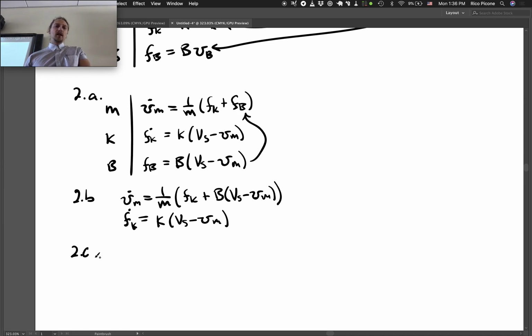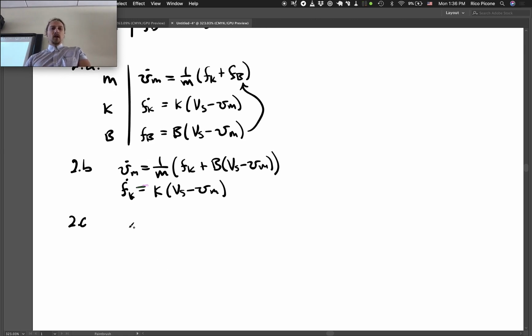2c is to write these state equations into a single vector state equation, the standard form. And that standard form is always x dot equals A x plus B u, the A matrix and the B matrix. Now we've got B for damping, we've got B for the B matrix. Not ideal in the same problem, but they are always the A, B, C, D matrices.